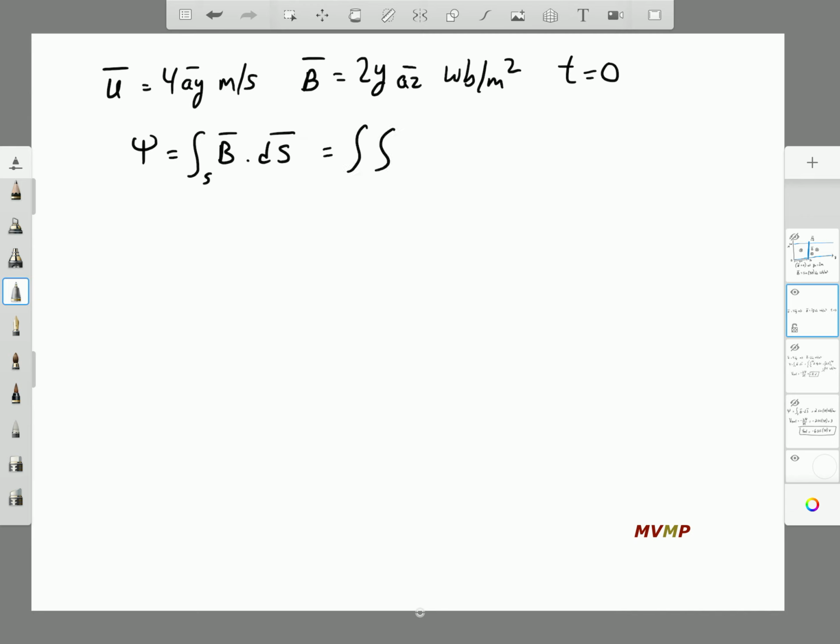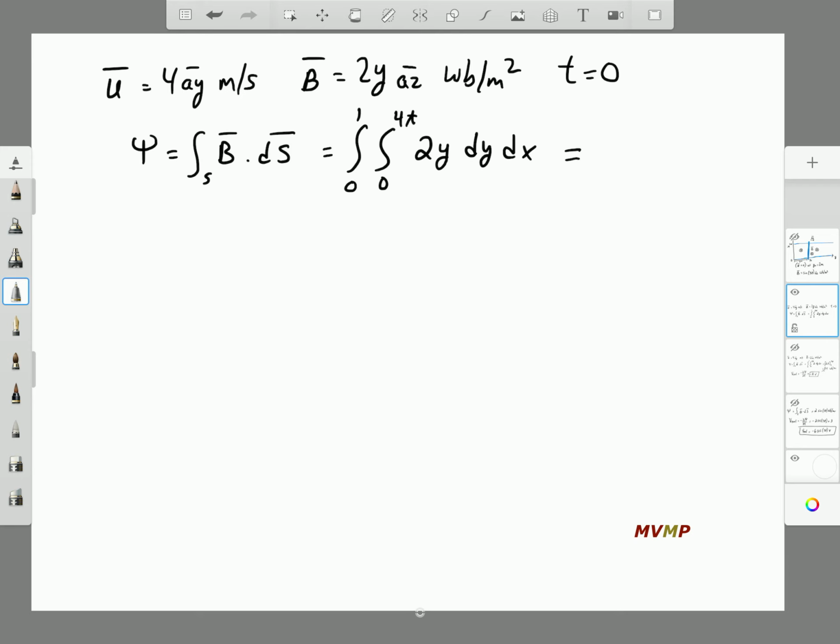And we are going to take the double integral of the B field, 2y. First we're going to do it with respect to y, and the integration for that is again 0 to 4t, because it's time varying, so we want to put 4t there because our u bar is 4ay. And then we do it with respect to x, which is just the height of 1 meter, so 0 to 1.